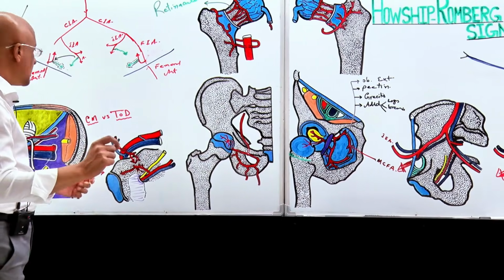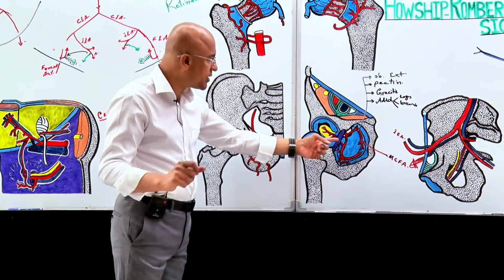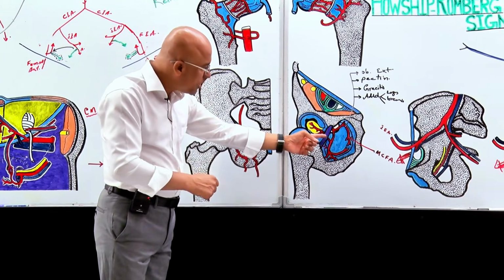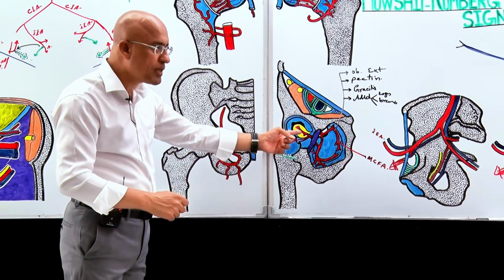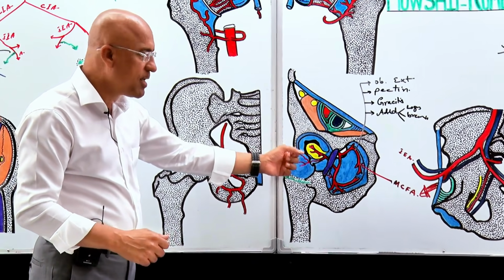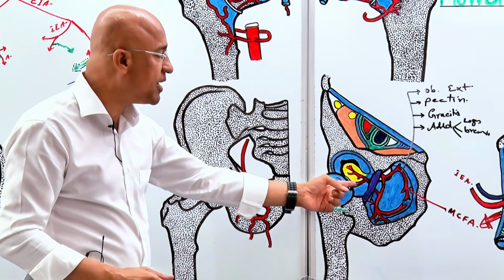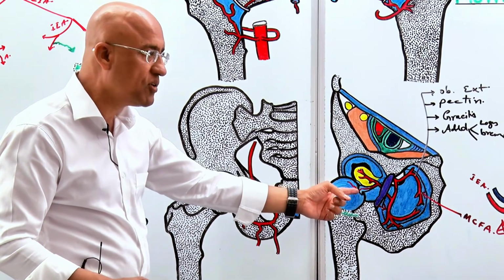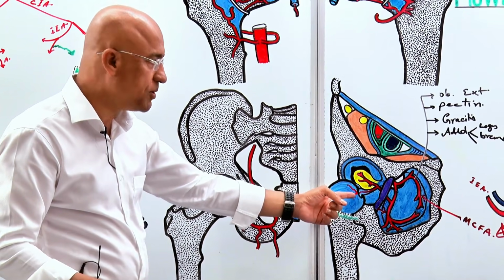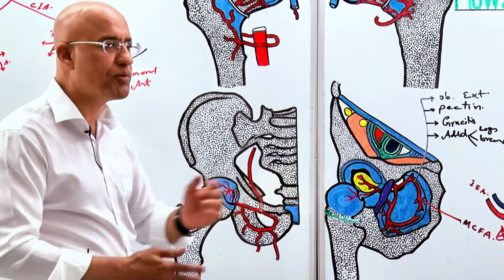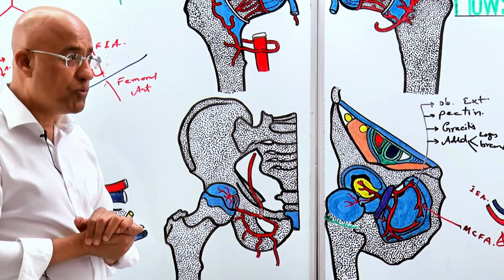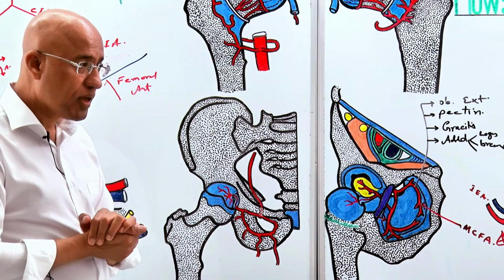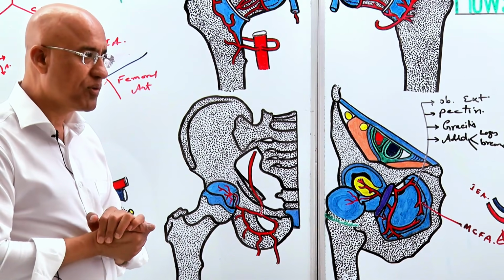This acetabular branch will go to the acetabulum and give branches to the fat, and also give a foveal branch that will go through the ligamentum teres, or ligament of the head of the femur, to supply the head of the femur. This is a very high flow branch in children, right?